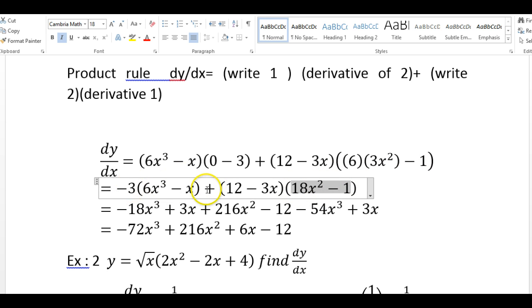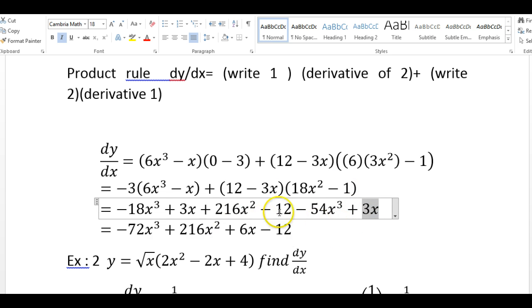So now you would want to distribute this. What do you get? Minus 18x cubed, minus 3 times minus 1 is plus 3x. 12 times 18x squared is 216x squared, minus 12 times minus 1 is minus 12, minus 3 times 18 is minus 54, plus minus 3x times minus 1 is equal to plus 3x.